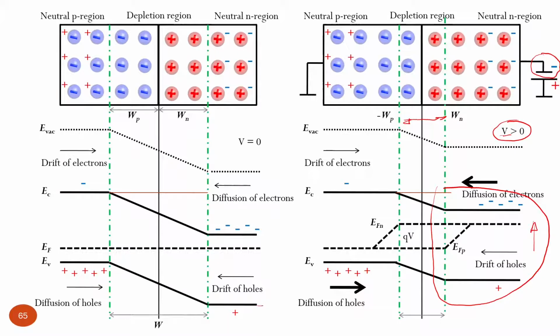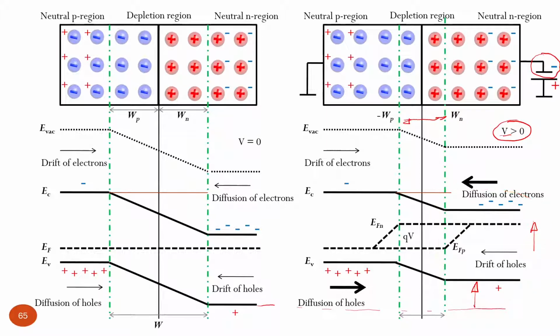You see that it was here and now it is higher. So we increase potential energy of electrons in the right side of the p-n junction, in particular in this n-type region, and that creates this reduction of the potential barrier.